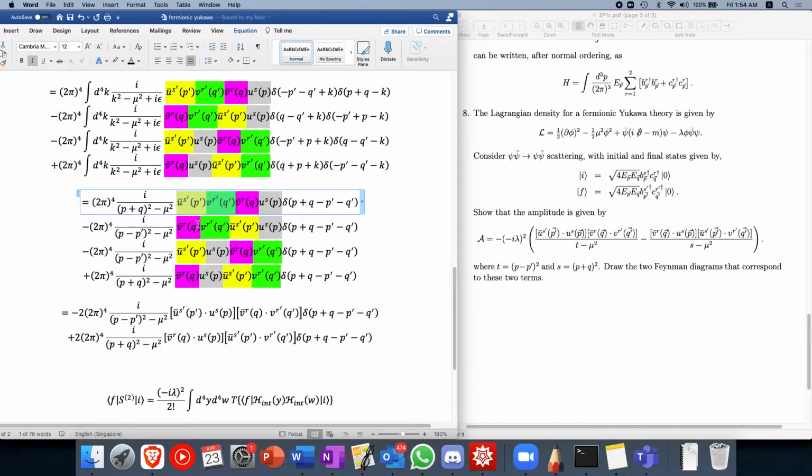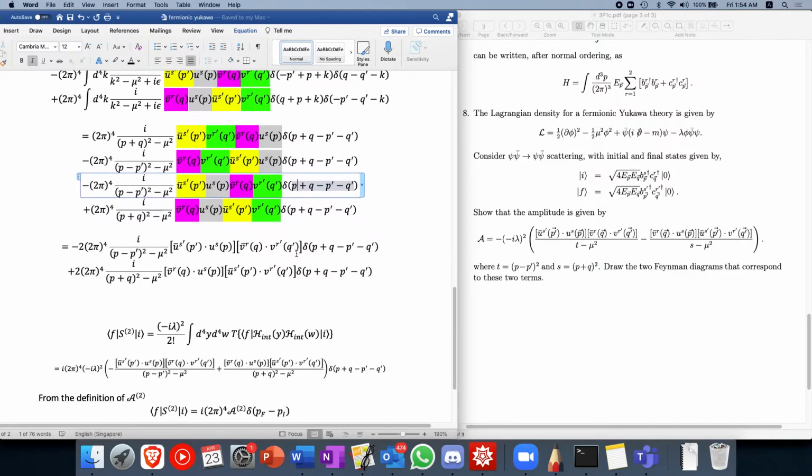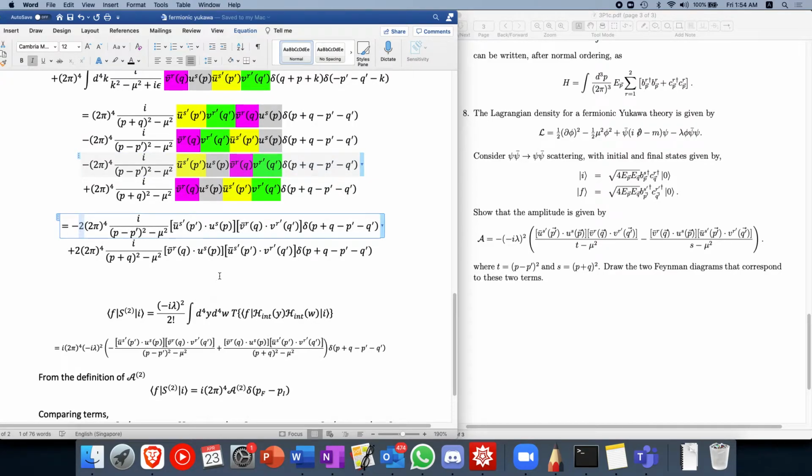inner product of the spinors, and then we realize that the first term and the last term are the same, and the second term and the third term are actually the same as well. So we pick up a factor of 2 and group them together. I put some square brackets to start to match the final answer.